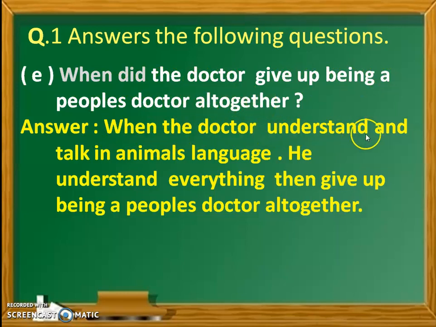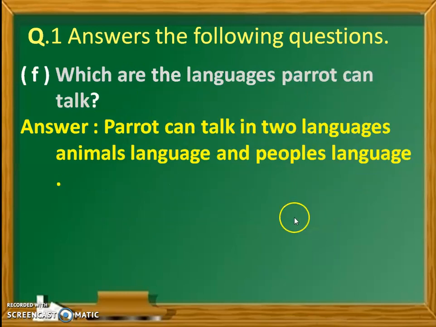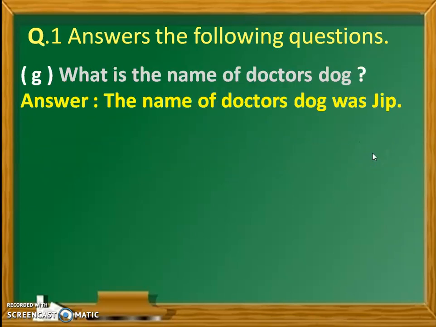Answer: When the doctor understood the talk in animals' language, he understood everything, then he gave up being a people's doctor altogether. F. Which languages can the parrot talk? Answer: Parrot can talk in two languages, animals' language and people's language. G. What is the name of the doctor's dog? Answer: The name of the doctor's dog was Jip.